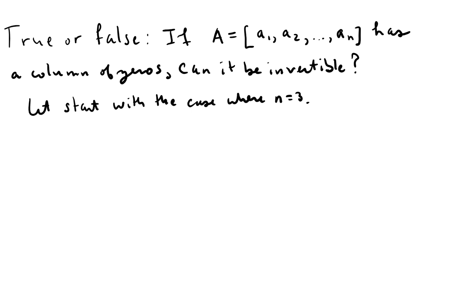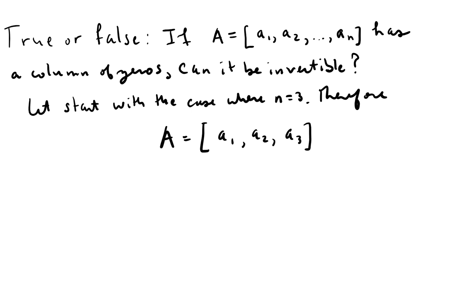So therefore A would be the matrix with columns A1, A2, and A3. Again here I'll make an extra assumption. I'll assume, for example, that it's A2 that's the column with all zeros.